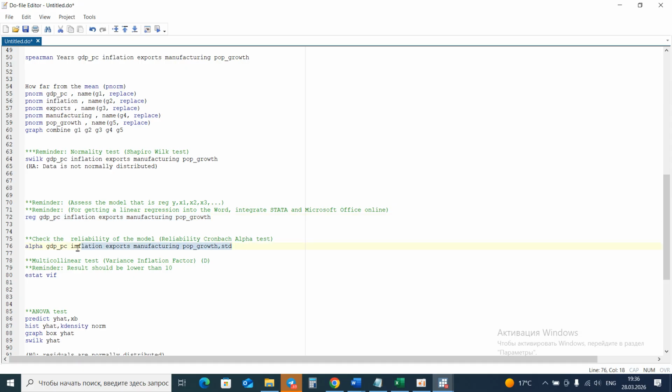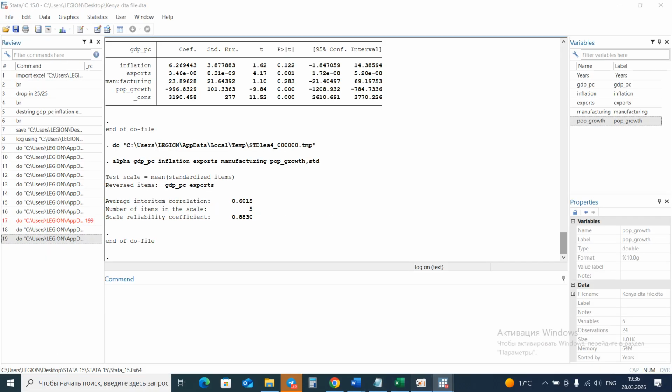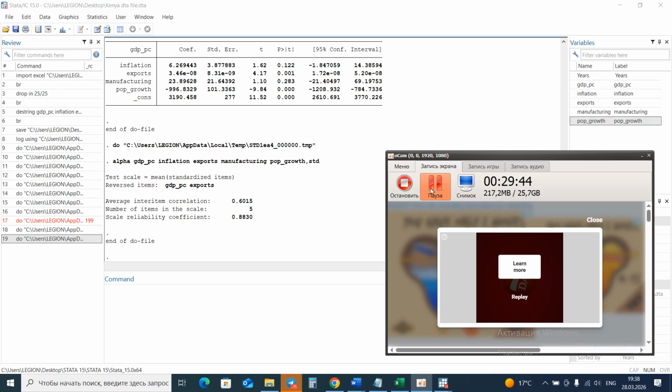Here we have the alpha test. Alpha is the threshold for deciding significance in hypothesis testing.